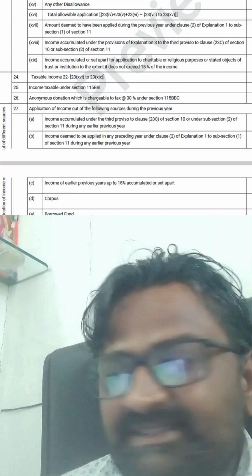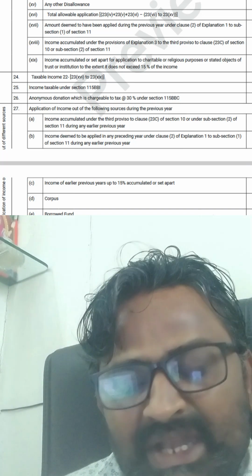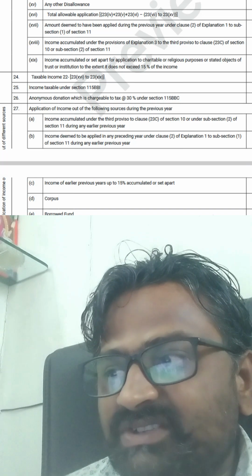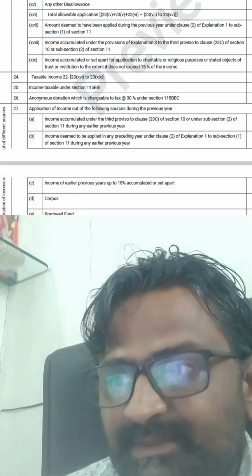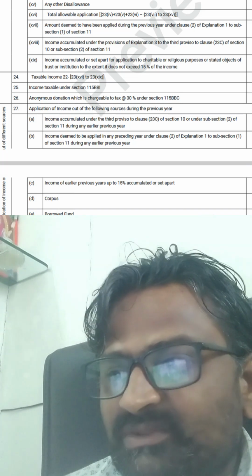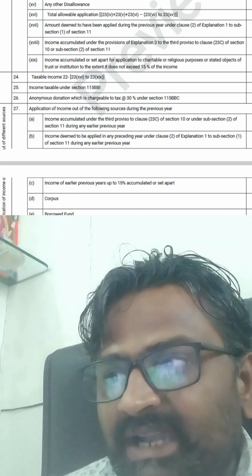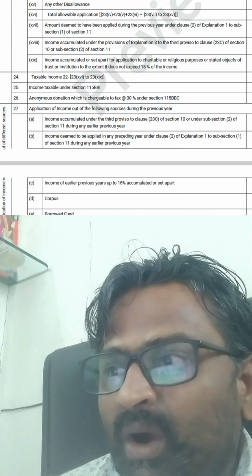So this is the application of income, and this part of application has to be filled. After that there are other things like 40A(3A), details of amount disallowed under the 13th proviso to section 10(23C) or subsection 1 of section 11, read with subsection 3A of section 40A.